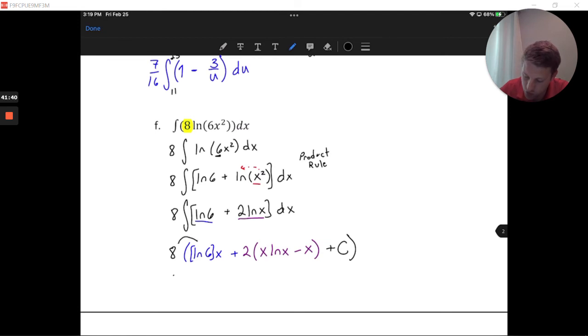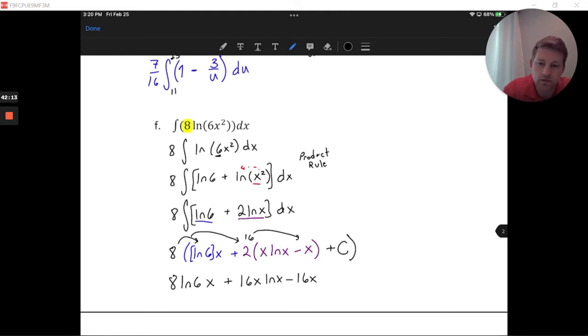If I distribute 8 into a couple places here, we have 8 times the natural log of 6 times x. If I distribute this here, this really just becomes a 16, and that 16 can be distributed to a couple places as well. So we have plus 16 times x ln x, and the 16 will go to the x as well.